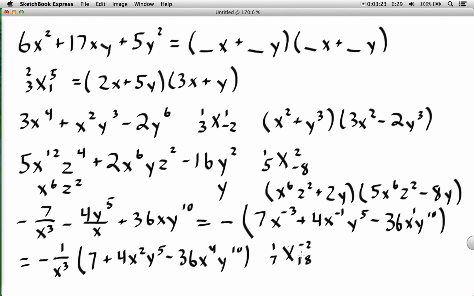There we go. That's negative 14 plus 18 is positive 4. So now we have in front of the whole problem negative 1 over x cubed. Actually, doing what we did in the other problems, let's just put the negative in front of the whole thing, and then put everything that we're factoring in the numerator, since it's being multiplied by just 1, all over x cubed.